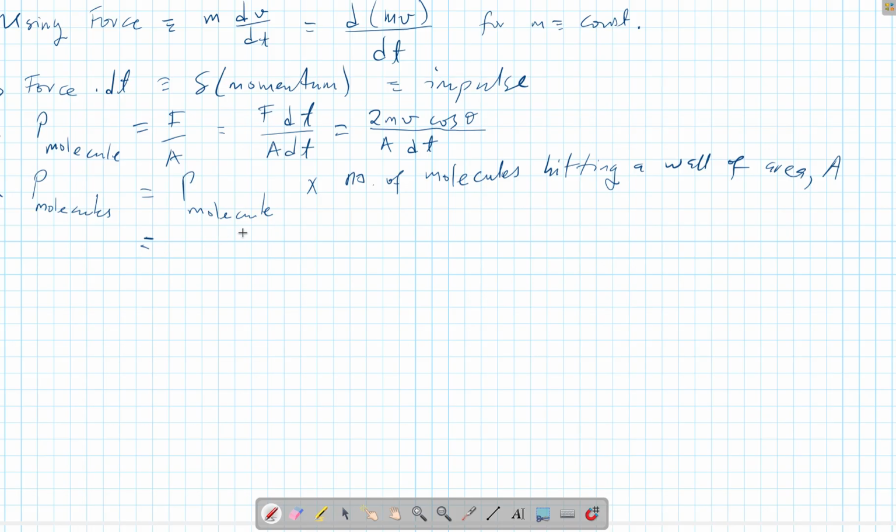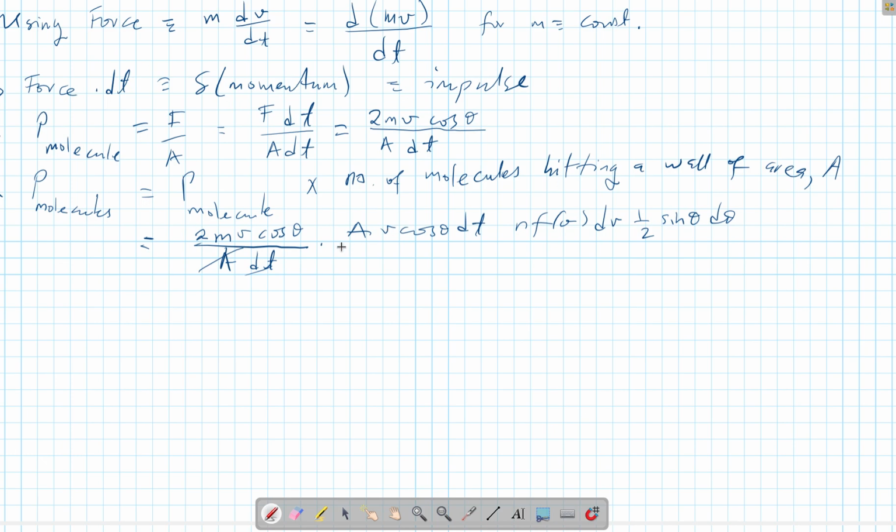And so we just substitute these: 2mv cos theta divided by A d theta dt times the number of molecules, which we have computed earlier. It's going to be A v cos theta d theta dt times n f of v dv times 1 over 2 sin theta d theta.